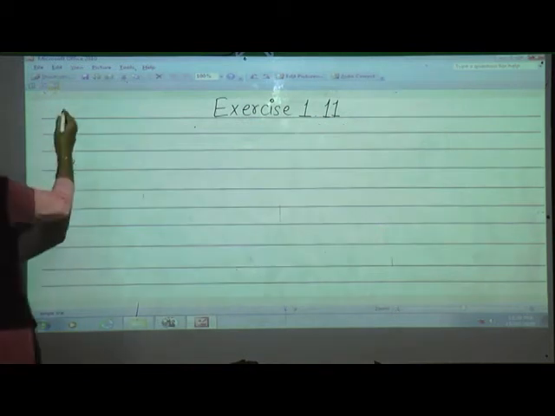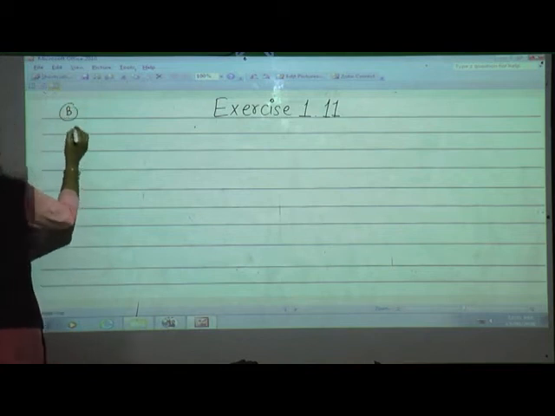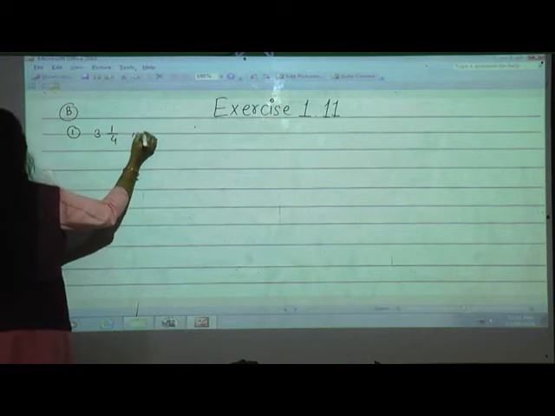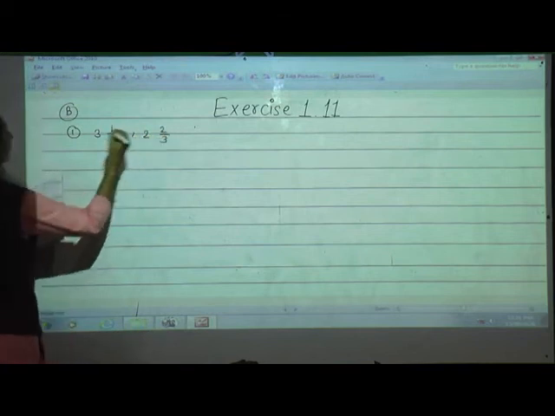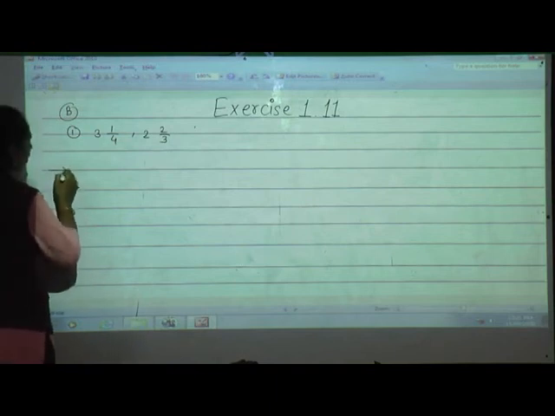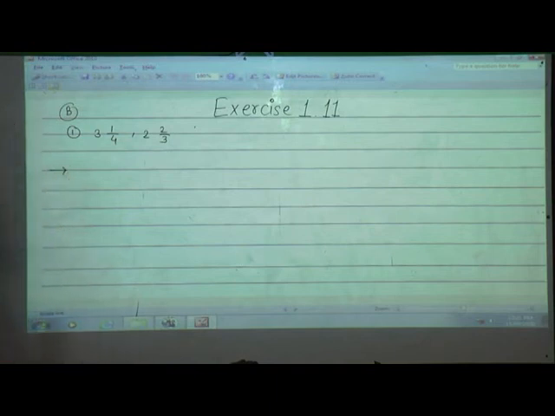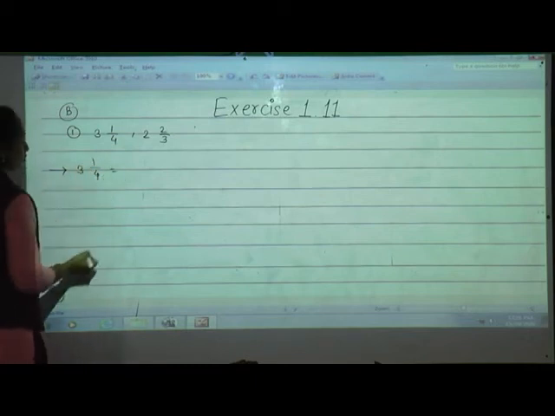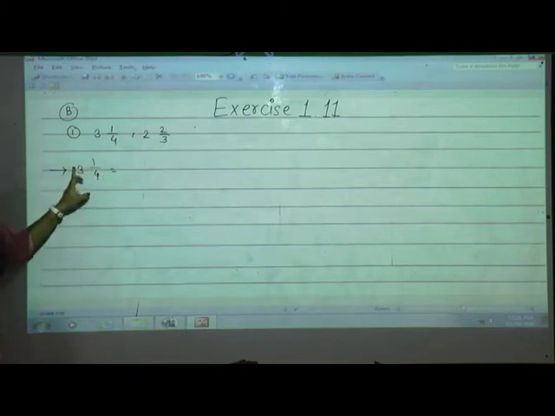Now we will start our B question. In B question, first one I will solve. What is the first question? 3 1 by 4 and 2 2 by 3. Now see students, they have given mixed fractions here. Not to worry, just convert the mixed fractions into improper fractions. How we convert? See, 3 1 by 4 is whole number multiplied by denominator and add numerator.